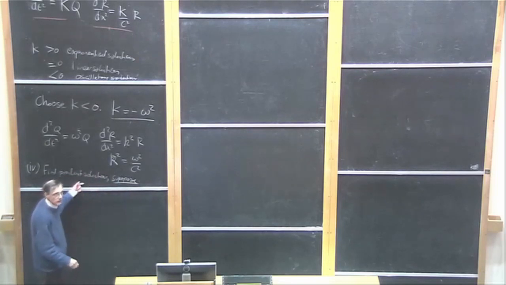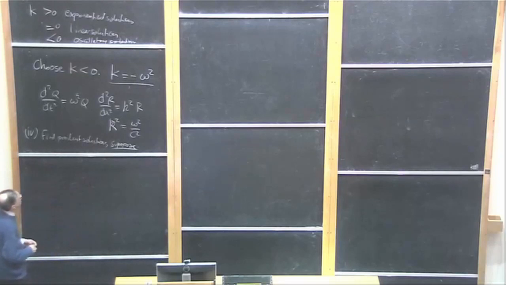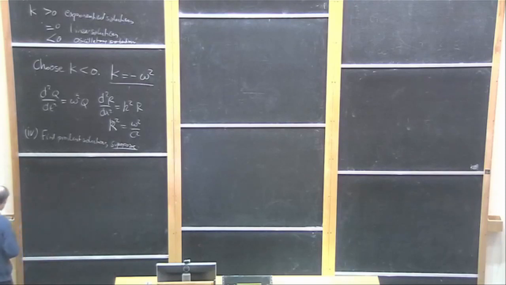I've underlined superpose because the essential part of this process is not that you find a separated solution representing a standard wave, but that we get a vast number of separated solutions which, because of the linearity of the equation, we can superpose and thereby make solutions of arbitrary complexity. So the final step, the superposition of the product solutions, is absolutely key.